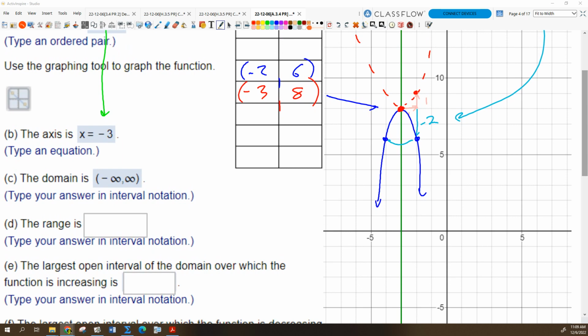So the range is the set of y values. Okay, 8. Well, if I did 8 to infinity, that would mean it's going up. Is the parabola going up or down? Okay, so -infinity to 8 with brackets.